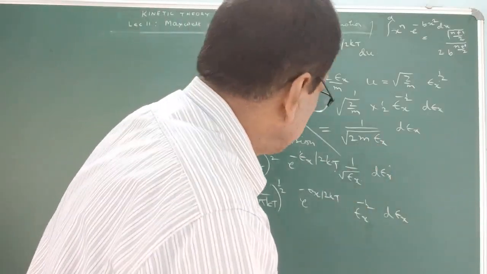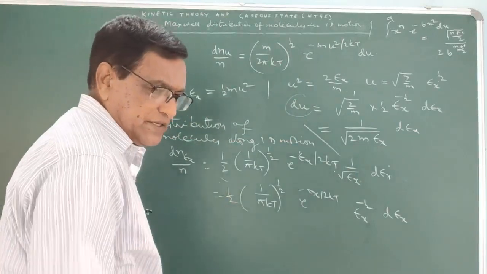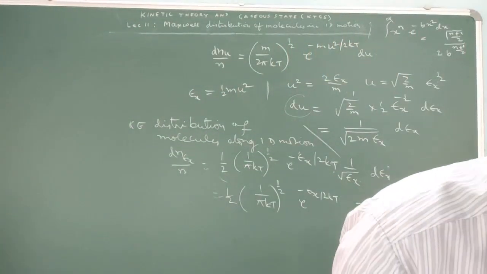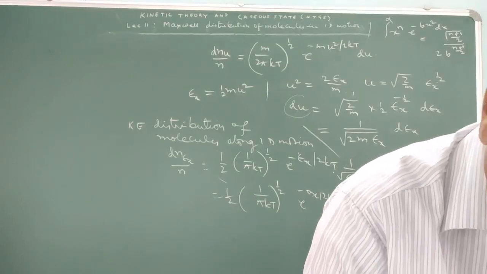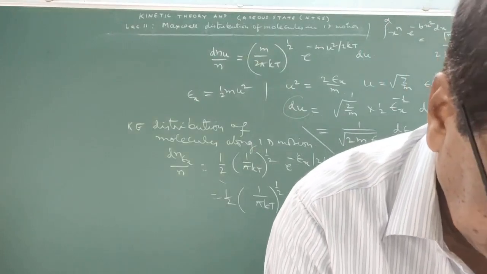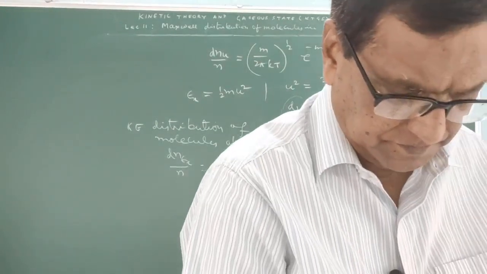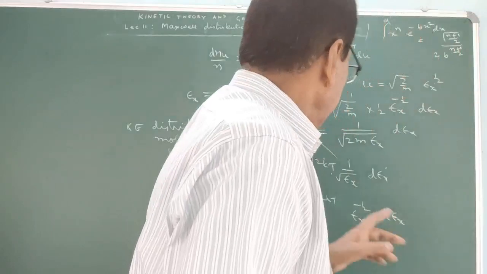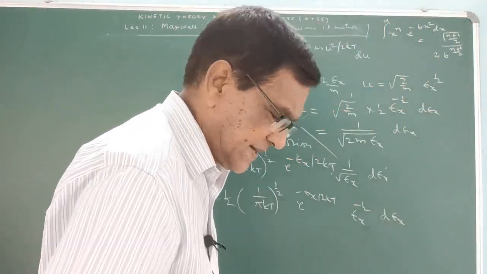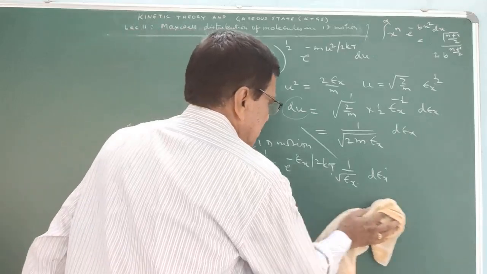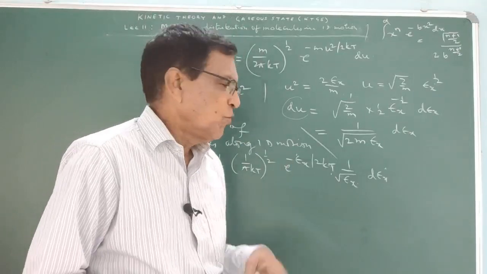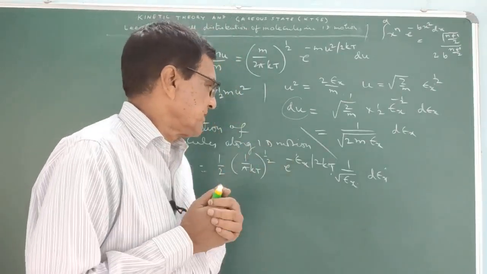As usual, you can see in the kinetic energy distribution, one very important feature is that the distribution is not dependent on molecular mass. It only depends on the temperature.